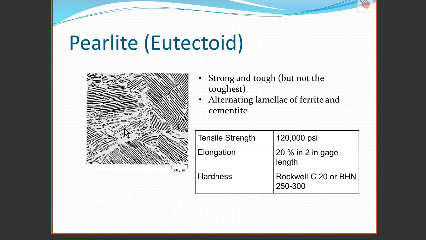Hence the name pearlite. Now, pearlite is strong and tough, but it's not the toughest form of this microconstituent of ferrite and cementite.